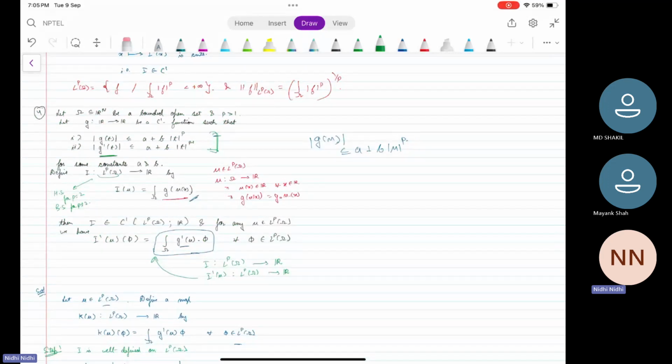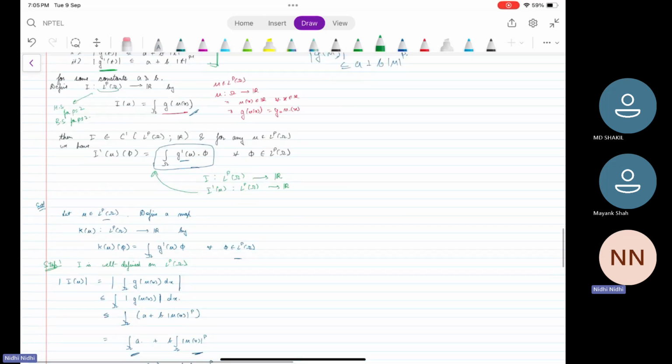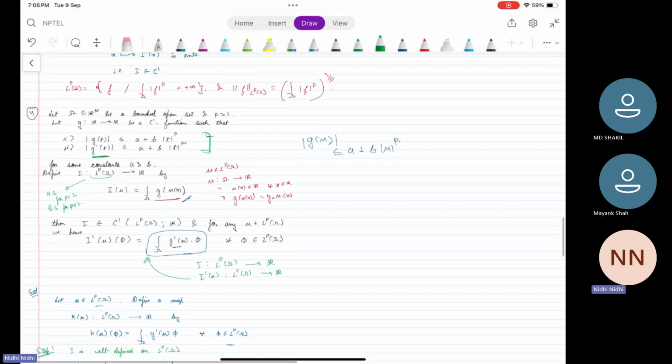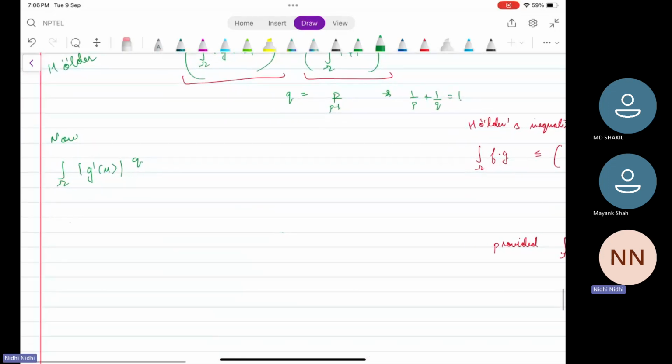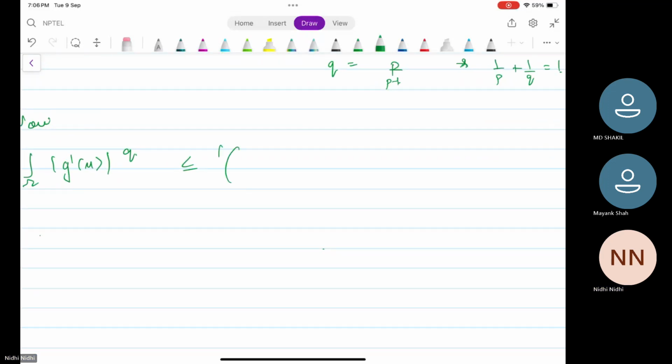So we know that |g'(t)| is always less than or equal to a plus b|t|^(p-1). So |g'(u)| will be less than or equal to a plus b times |u|^(p-1). So this is less than or equal to the integral over Ω of (a + b|u|^(p-1)) whole to the power q.